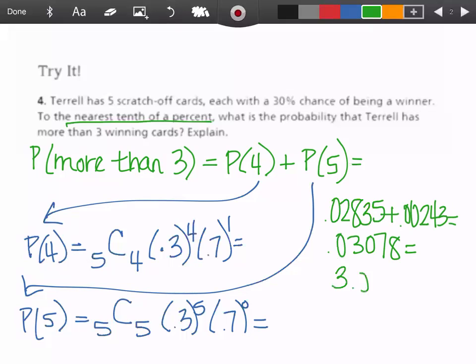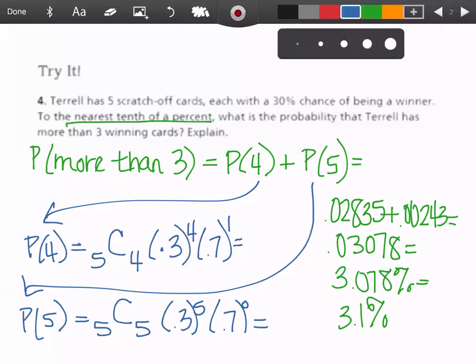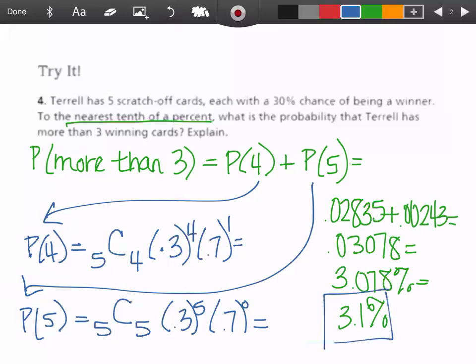We have 3.078%, although they wanted us to round it to the nearest tenth. So he has a 3.1% chance of having more than 3 winning cards. So not too high of a chance, but a 3% chance of winning is still pretty good. So now you can try finding binomial probabilities on your own.